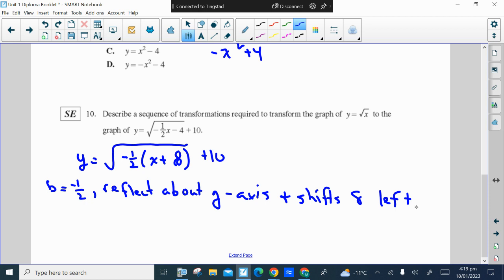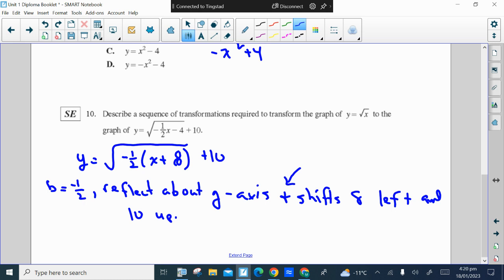And then the plus 10 at the end means it'll shift 10 up. Oh, I forgot to talk about the horizontal stretch as well.